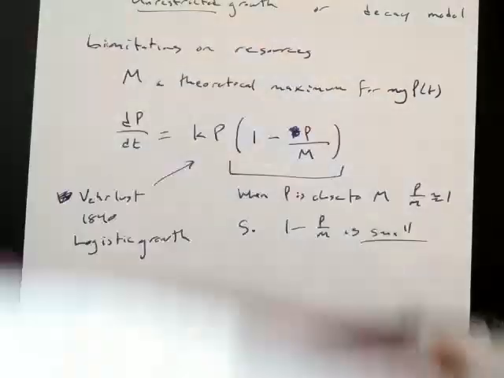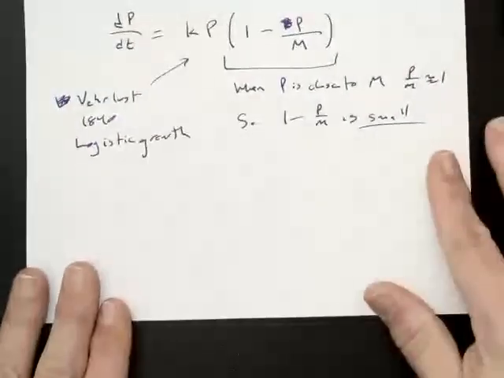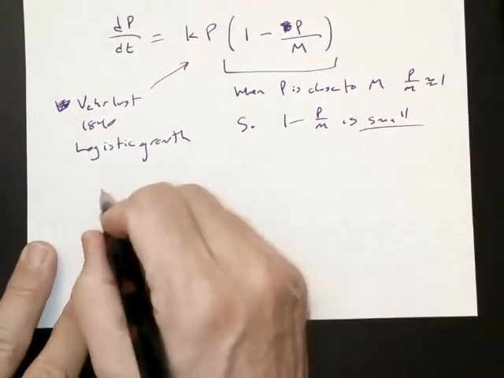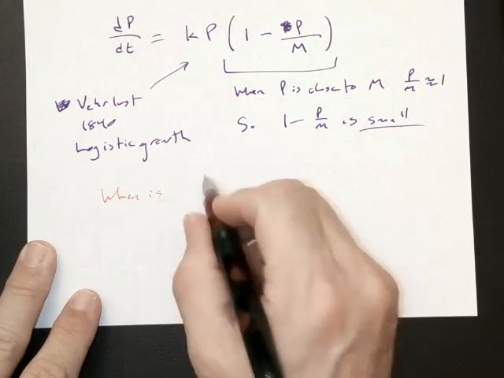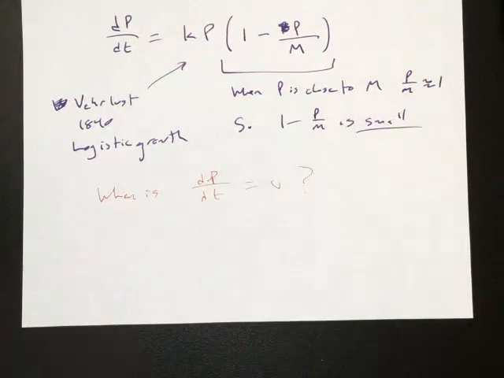Now that means that there are two values of the population where there's no change at all. When is my population not changing?